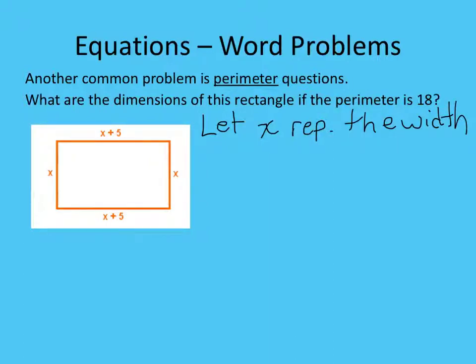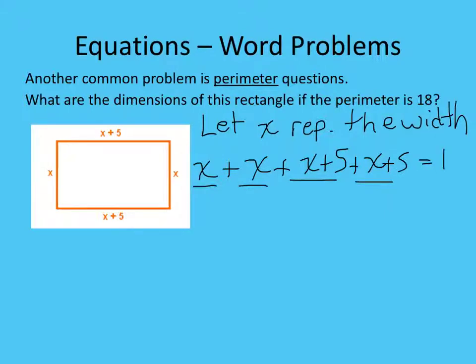And our algebraic expression, you can write it two ways. I'm going to do a simple way, just by adding all the sides. So you have x plus x, so the two widths, plus x plus 5 plus x plus 5. So you have the width, width, length, length. It all equals 18. Now I'm going to combine like terms.